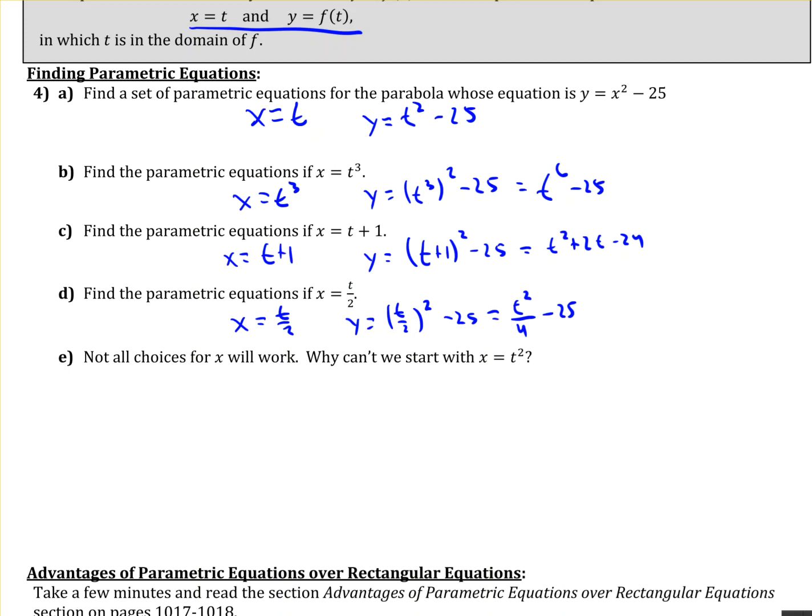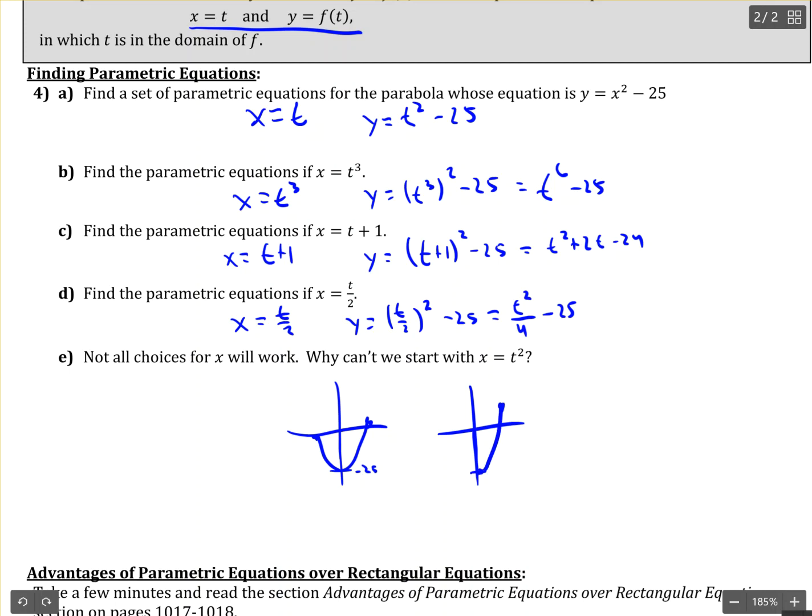All the other ones would give me the parabola, which looks like this, with the bottom down at negative 25. If I let x equal t squared, it'll just give me the right half. So x has to attain negative values in this case.